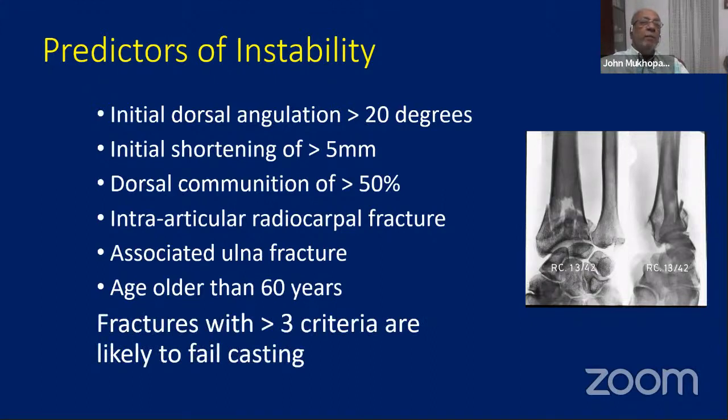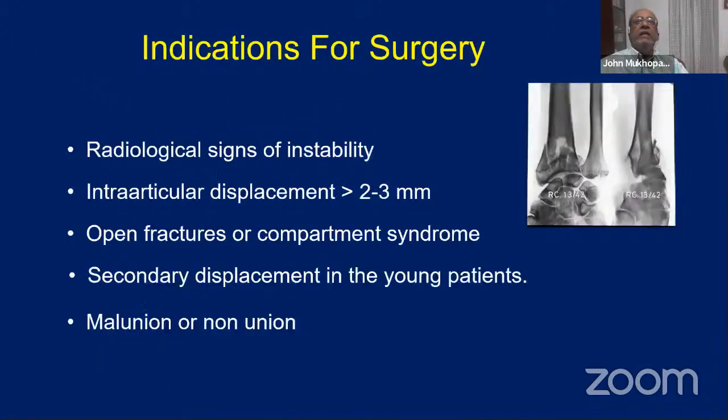And if a patient had more than 3 of these criteria, it was likely to fail casting. So when you're treating them with casting, especially where you want to maintain a reduction adequately, you need to look at these factors and then decide whether just casting will give you a good result. So this is the paper by Lafontaine in Injury 1989. It's quite an old paper, but still valid for most of the issues.